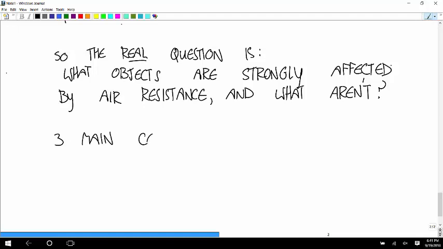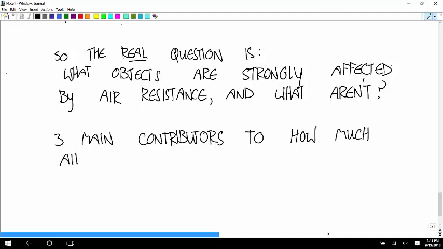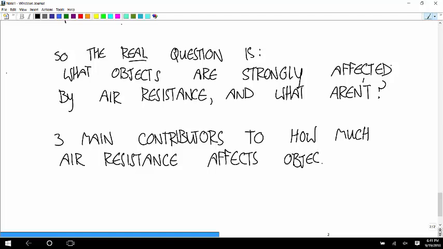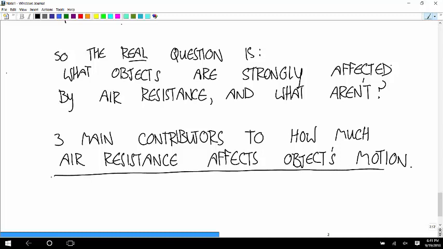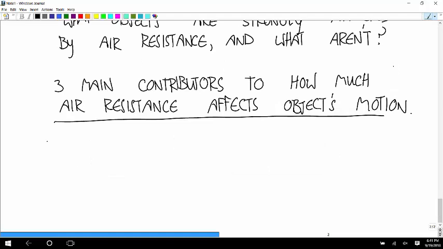So there are three main contributors to how much air resistance affects an object's motion. The first one is the object's mass.